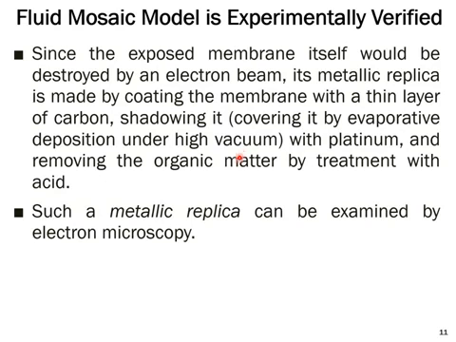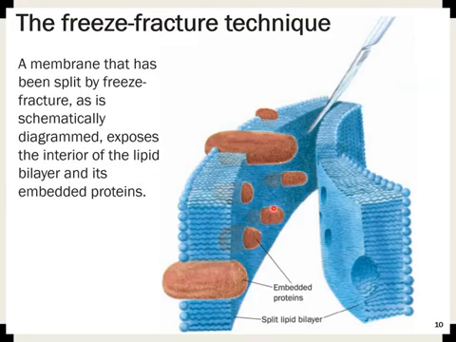Evaporative deposition is basically a method of thin film deposition where we can put a metal onto a targeted surface. We evaporate the metal in a vacuum, and then we spray that metal onto the thin layer of carbon we just put on the membrane structure.